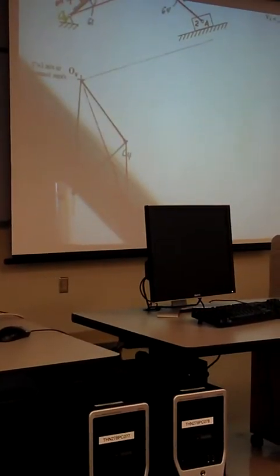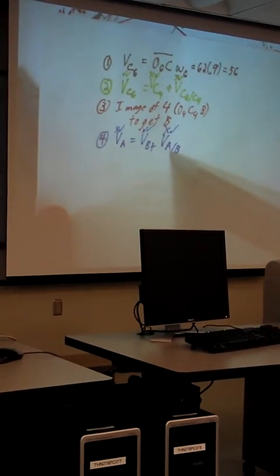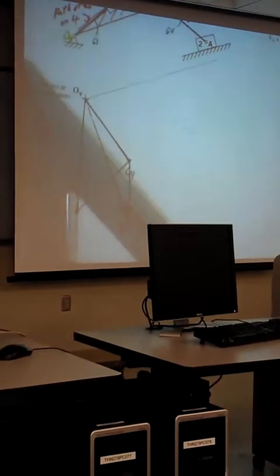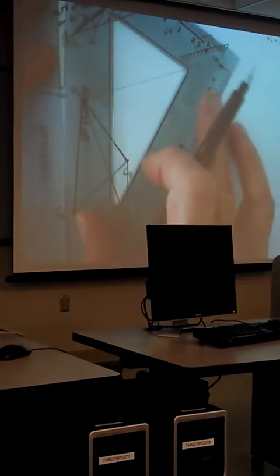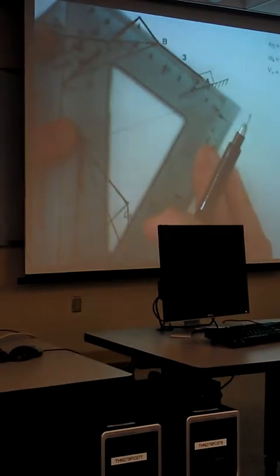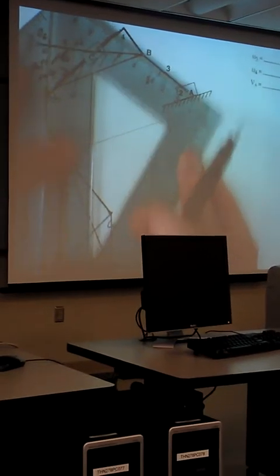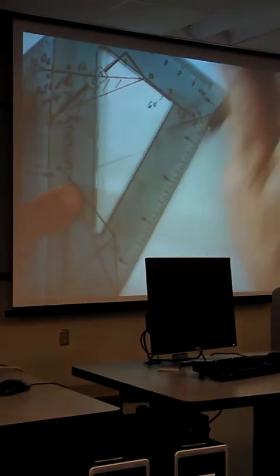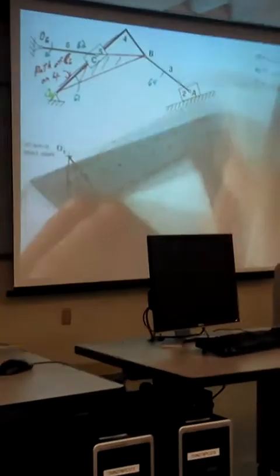Okay. One more thing. The velocity of A with respect to B. Well, it's going to be perpendicular to AB. Any 2 points on the same rigid length, the relative velocity is perpendicular to it. So I'm going to take AB, put one side of my triangle on that, slide the other side to where point B is, and extend it. Let's make my first line quite long enough.